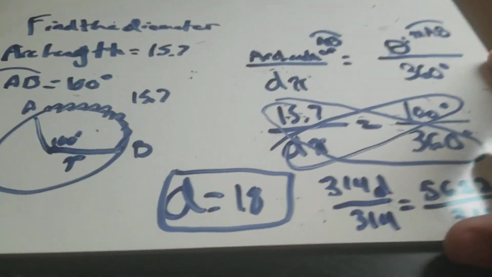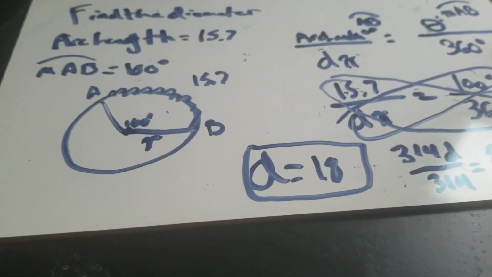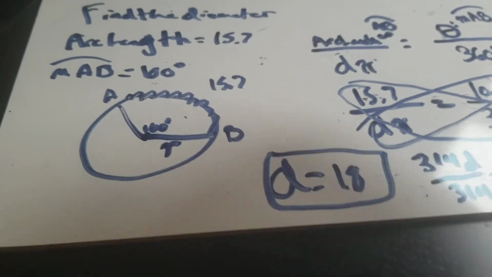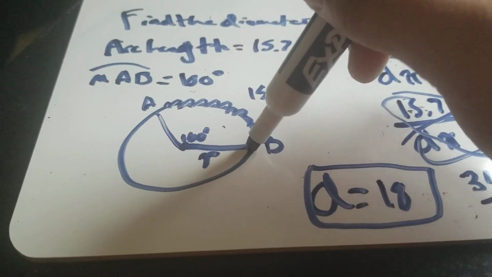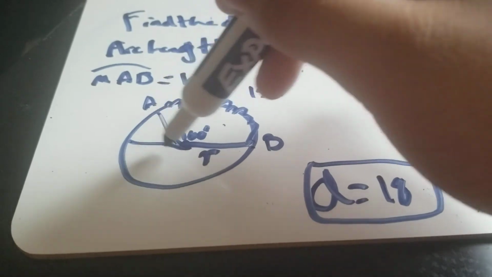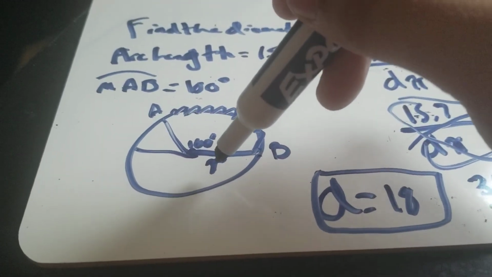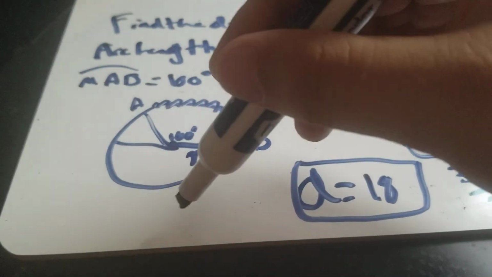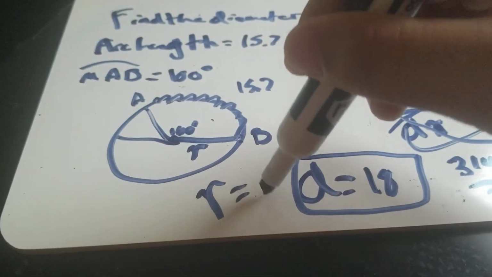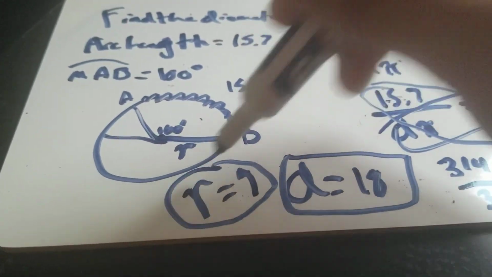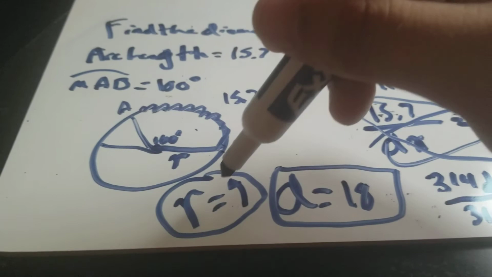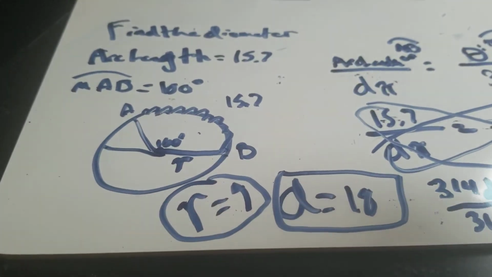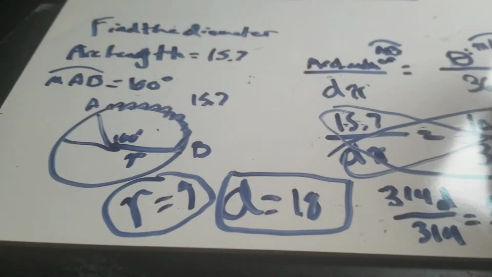Let's say they ask a bonus situation where what is the radius? Remember, the radius is from the center to the edge, the diameter is all the way through, so that's twice as much. So the radius is going to be half the size of the diameter. So the radius should be 9. I did just ask for the diameter, so you'll be done here. But I just want to point out you could just cut the diameter by half, and you'll get the radius.